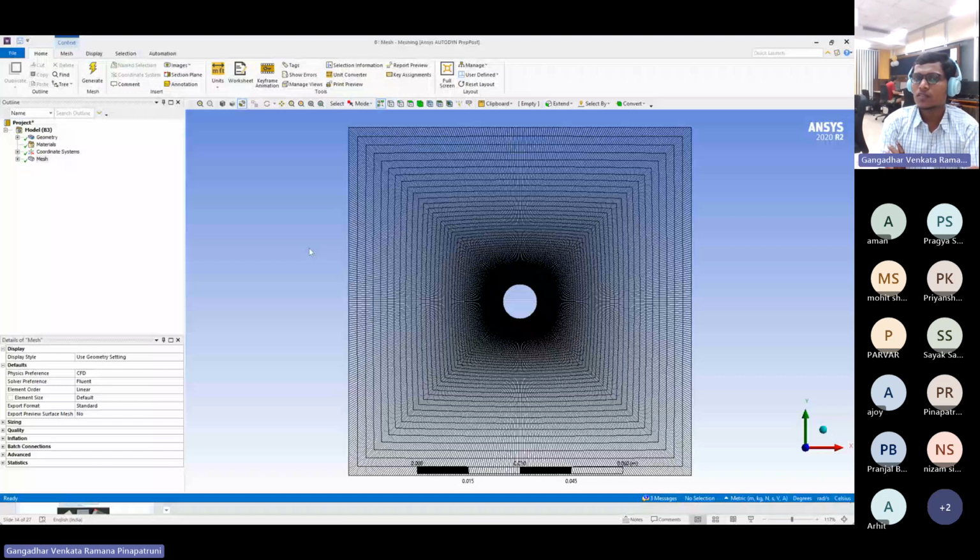Okay. My question is, are we simulating the flow that is passing through the circle, or above the circle, or flowing around the circle? Which one are we simulating? Sir, around the circle. Around the circle.